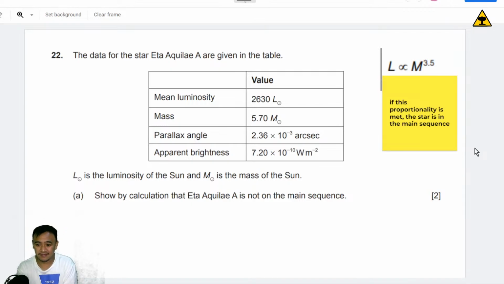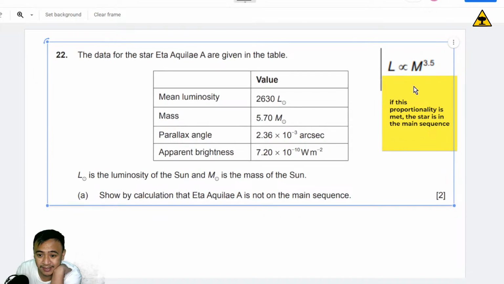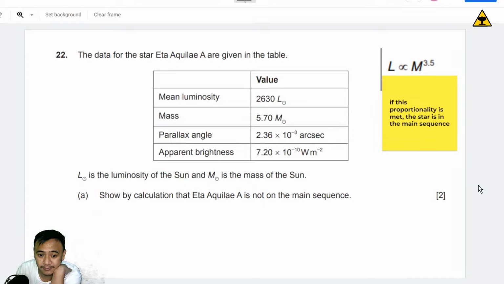Okay. So we have to check. We have to calculate, to see if it's not proportional. So in our case, the luminosity of the sun and the mass of the sun should be proportional to this, right? So what you need to do is check whether the luminosity and the mass follow this relationship. In other words, you can do this.